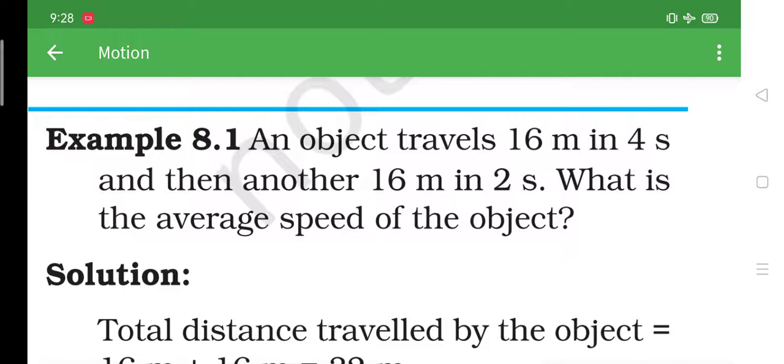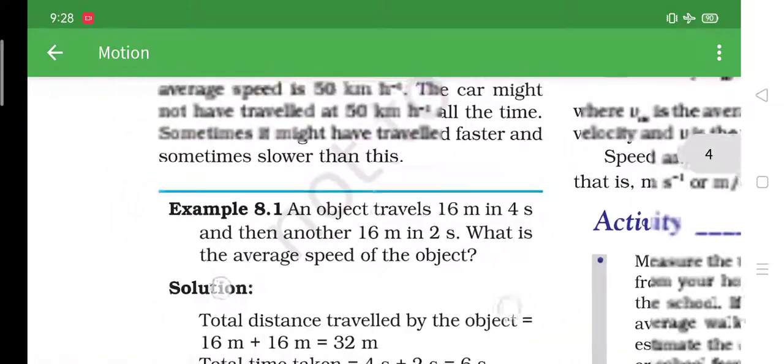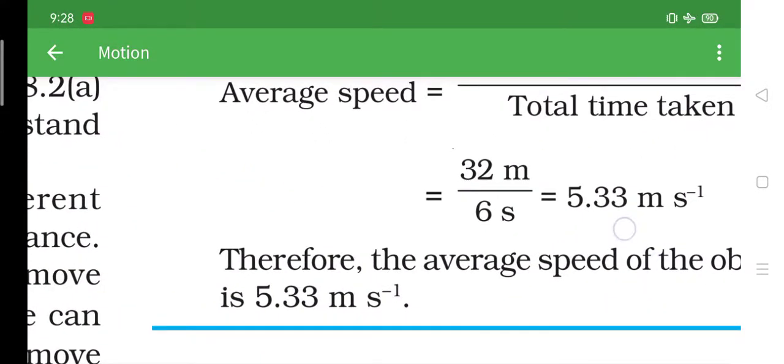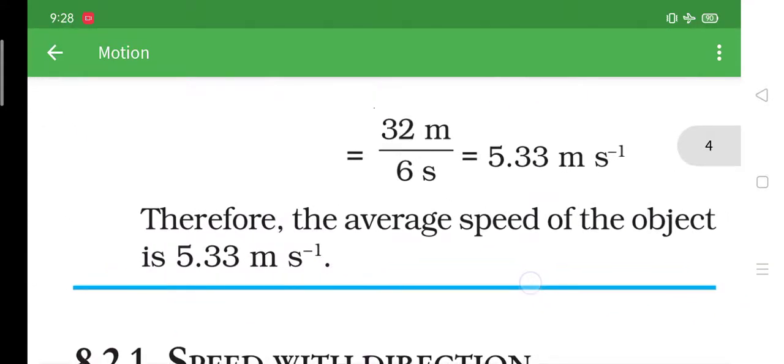Total time કેવો થયો? 4 seconds for first, then 2 seconds, so 4 plus 2, 6, so 32 by 6. So 32 by 6 is what? You see, 32 by 6 is nothing but 5.33 meters per second. So the average speed of the object is 5.33 meters per second.